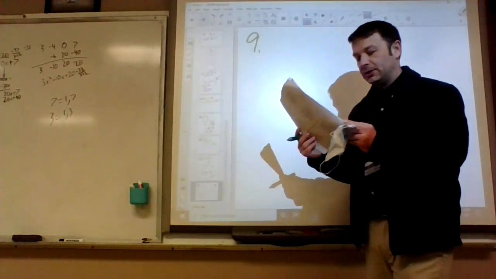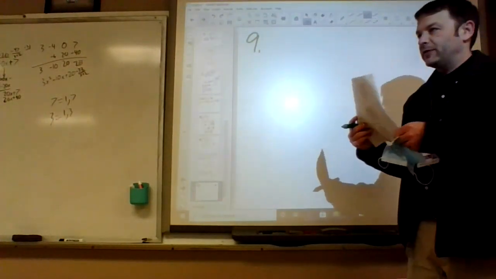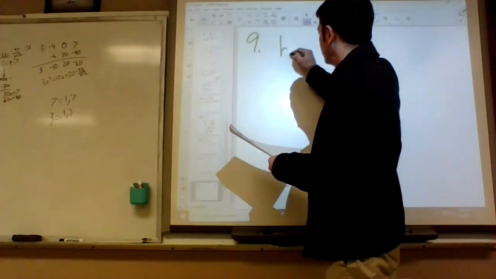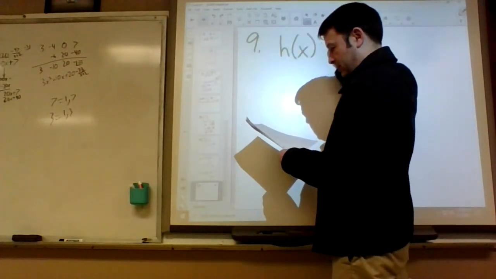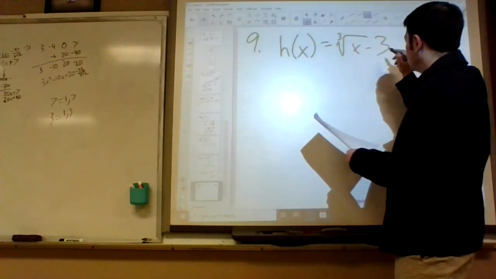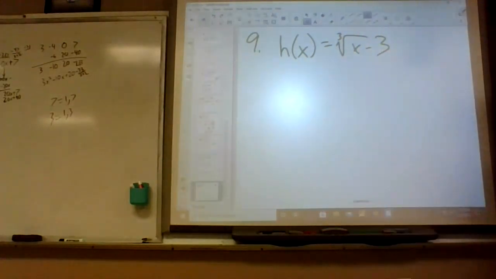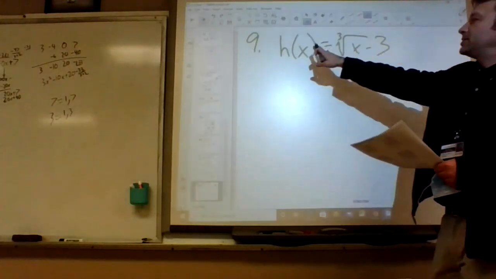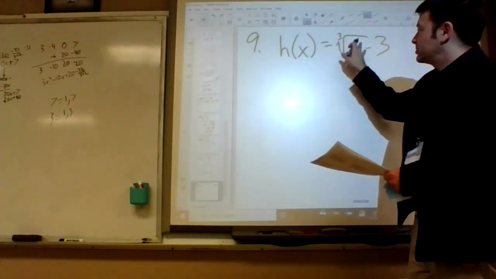All right, next section. Find the inverse of the function h of x equals cube root of x minus 3. Now, how did we do that? Turn this into a y, and then switch x and y.